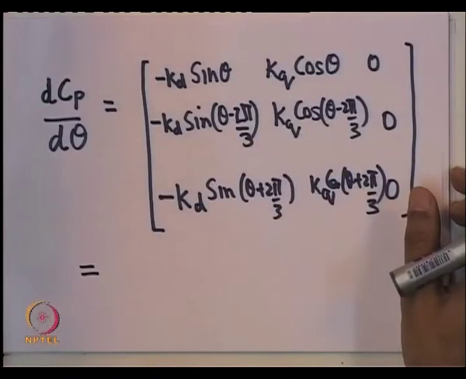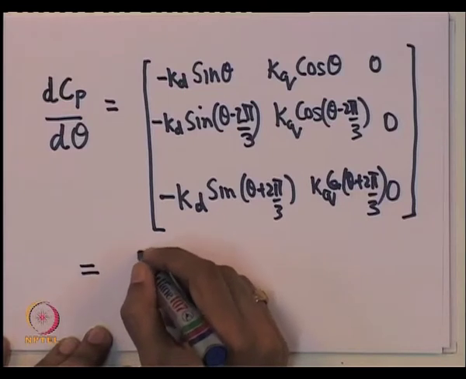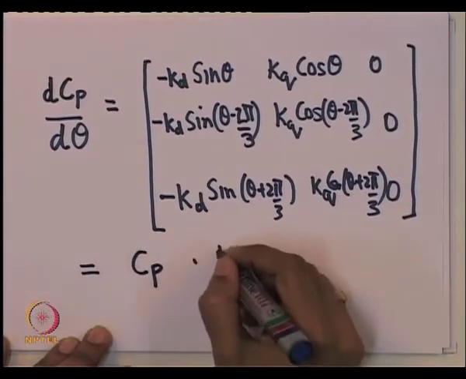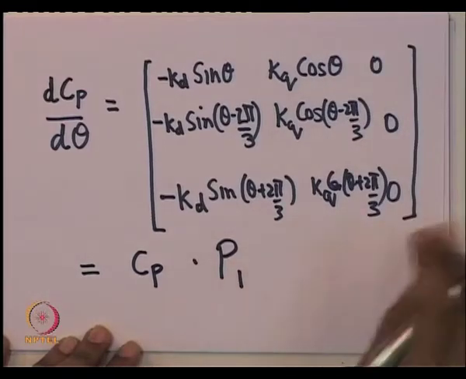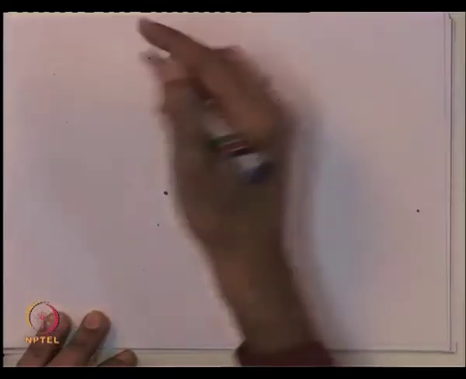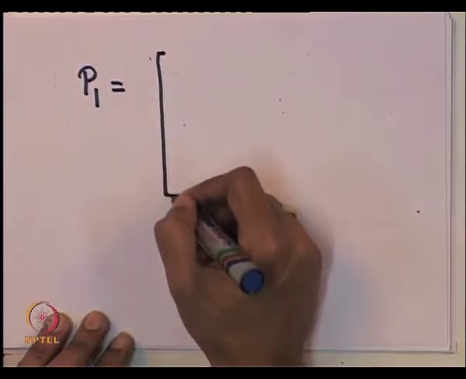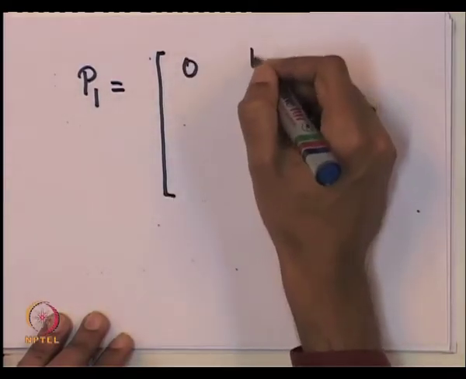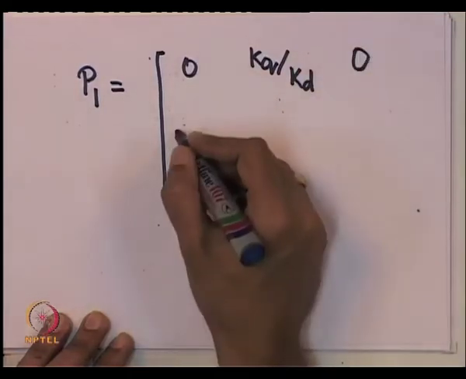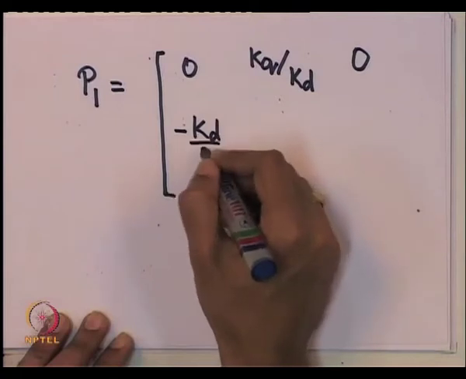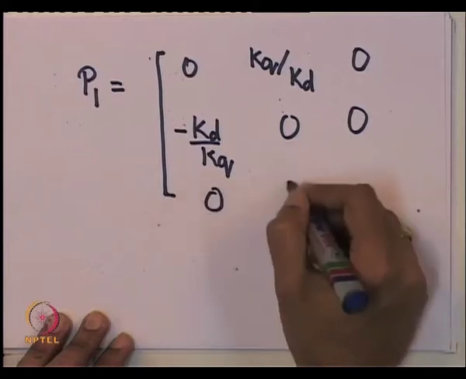By inspection you can really make out that this is nothing but Cp into a matrix P1, where P1 is: 0, k q by k d, 0; minus k d by k q, 0, 0; and 0, 0, 0.